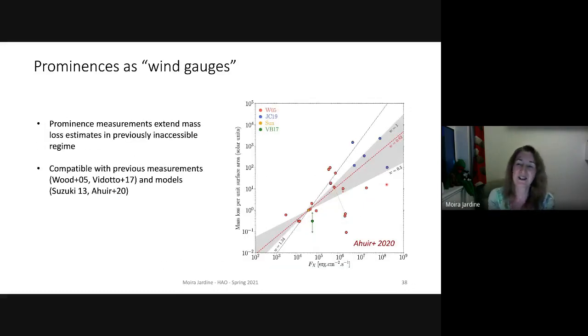And this agrees really well with many of the different models that have been produced for stellar winds, and with the existing and the ongoing measurements of wind mass loss rates. So prominences are great as wind gauges in a region of parameter space where other methods are very difficult to use.